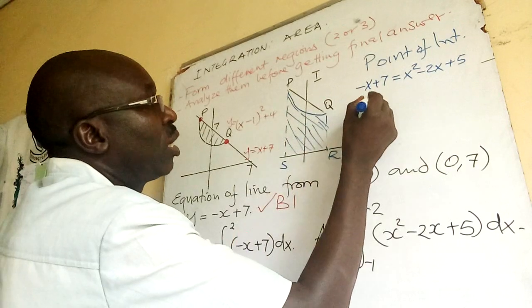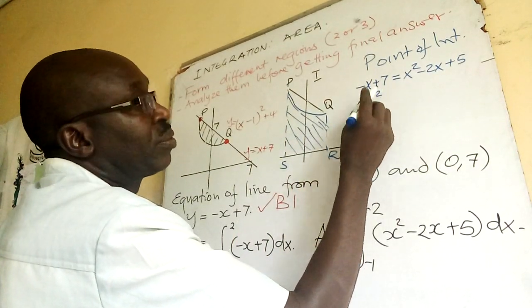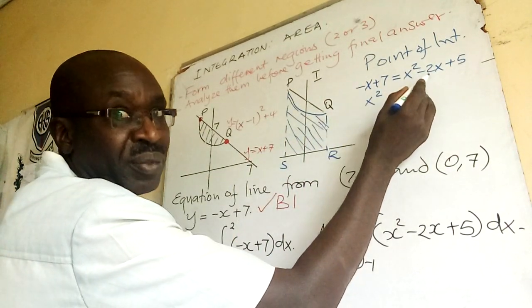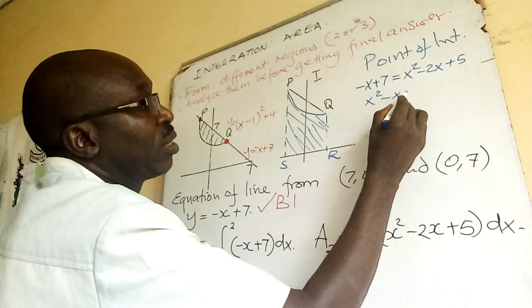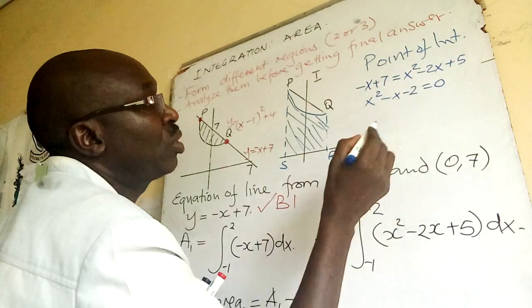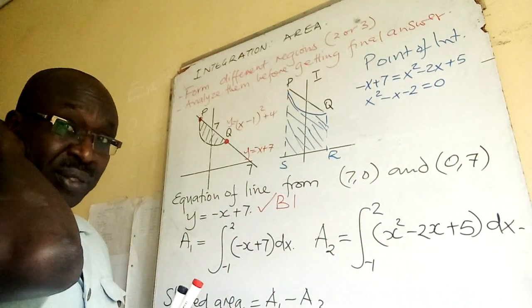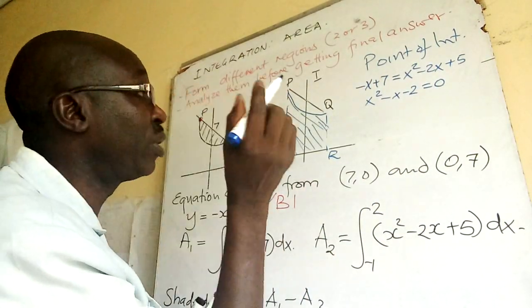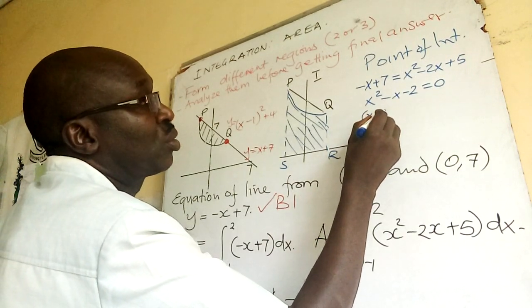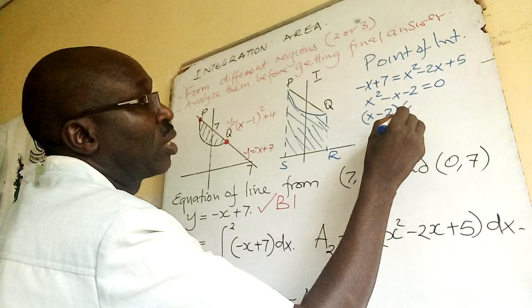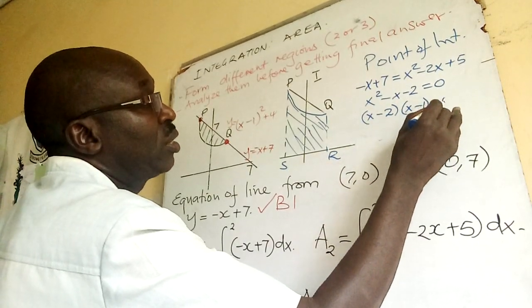In a nutshell, x squared, this comes this side. This minus x. This comes this side. Minus 2 is equal to 0. Okay? So the answer will be (x minus 2)(x plus 1) equals 0.